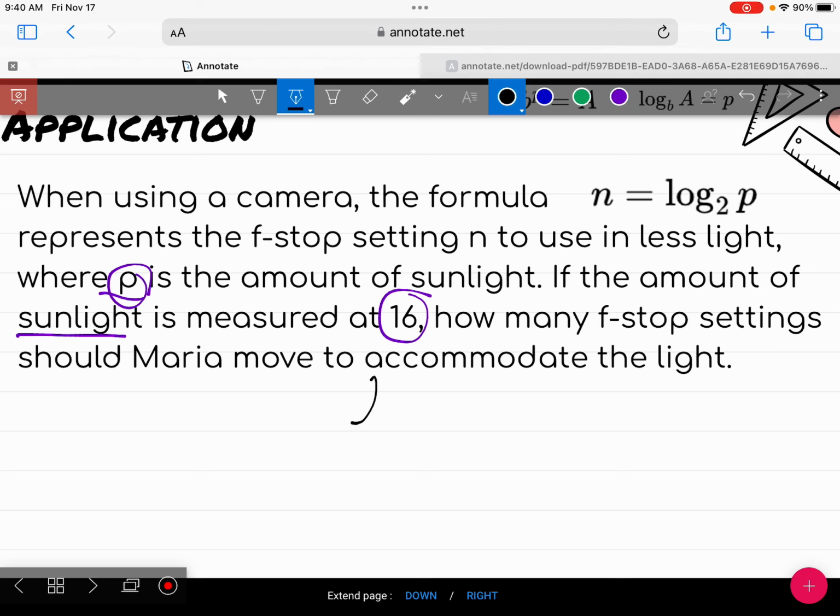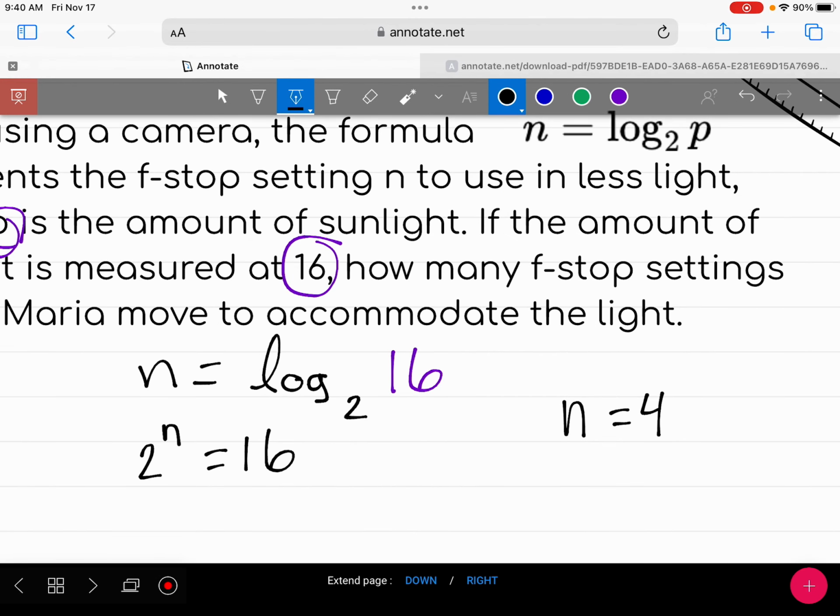So what we're told here is log base 2 of 16 equals what? So what does N equal? This says 2 to the N equals 16. So switch it around if you need to, but then N equals 4. So our f-stop setting should be 4.